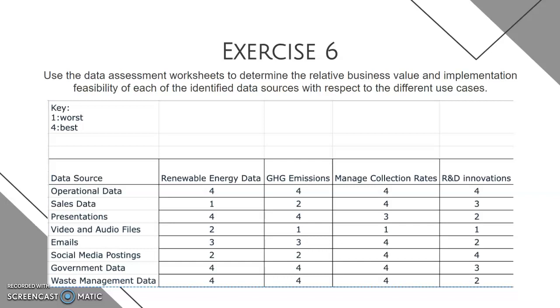And then social media postings is kind of interesting because we thought for renewable energy data, this would be a 2, so on the lower end of things, and then also for GHG emissions, also a 2, which would be on the lower side. But then for managing collection rates and research and development, we thought this would be one of the best data sources that we could use for those particular categories.